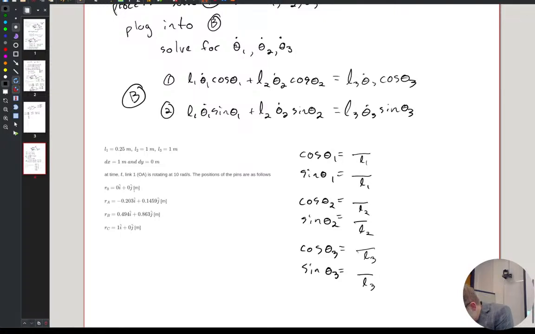So then theta 1 was the i and j components of A. Theta 2 was that B minus A, so relative position of B to A. So 0.5 minus, so 0.5 plus 0.2. And then sine was the relative B to A again, so 0.86 minus 0.15.